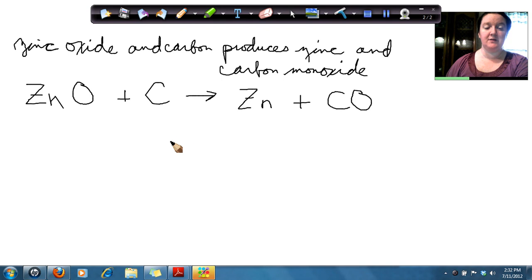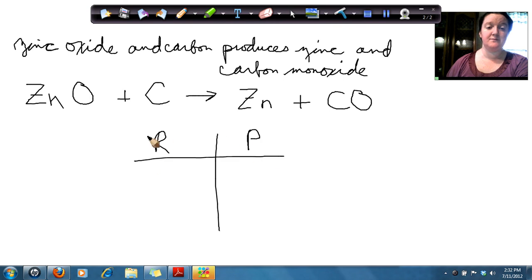So now we want to balance this chemical equation. Well, if you look at it, on the reactant side and the product side, we have zinc, then we have carbon, then we have oxygen.